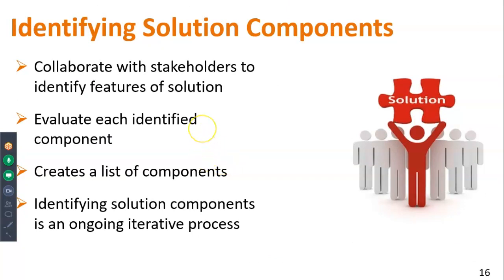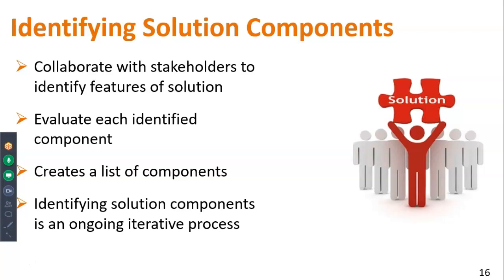Identifying solution components, again, part and parcel of the things that BAs have been doing in any project environment. You're always talking about, what are the capabilities that this solution needs to have? How do I formulate and aggregate and map those capabilities so that my delivery team, the people who have to produce those capabilities, can work on them efficiently and effectively?